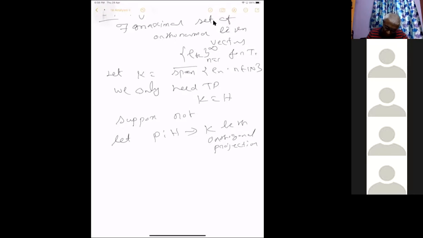So to prove that, we want to consider 1 minus P times T. We want to prove that they commute. Okay, so first the claim is P and T commute.